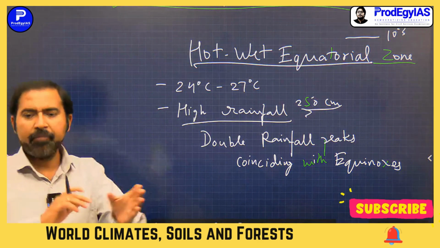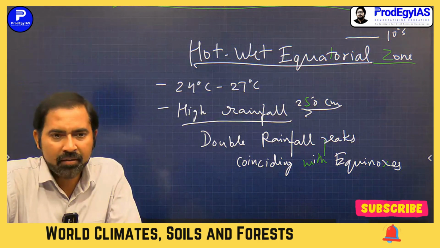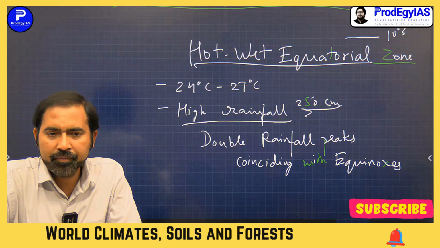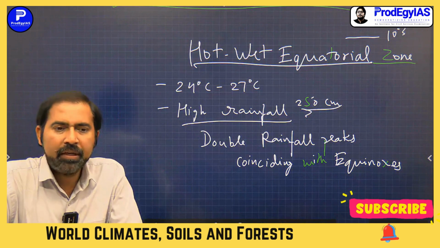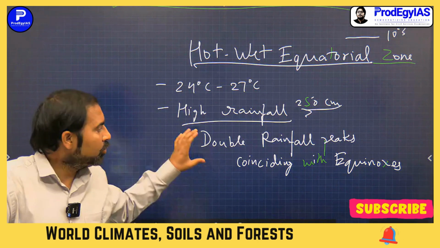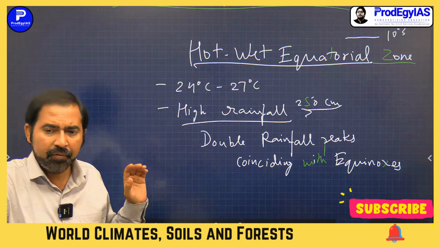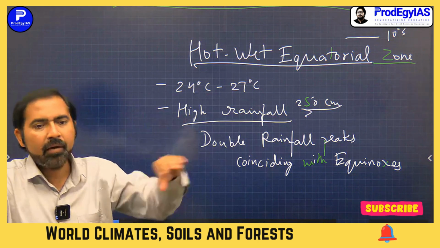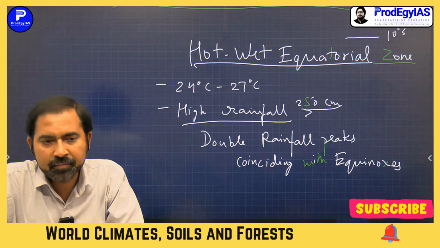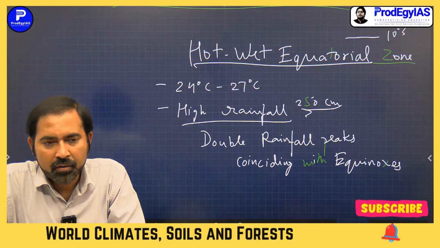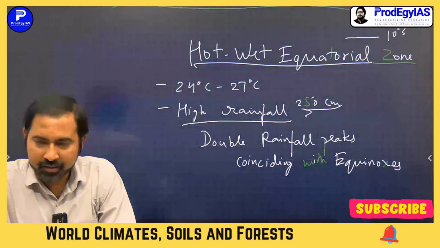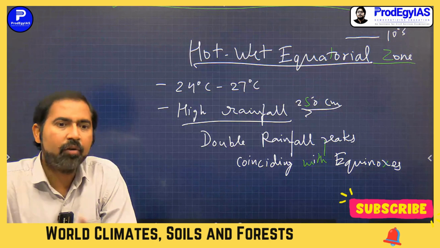In mid March and mid September, around 22nd March and 23rd September, the duration of day and night are the same. They are called equinox, right? So if you draw the diagram of the rainfall, meaning if you measure it throughout the year, the highest rainfall occurs around the equinoxes.